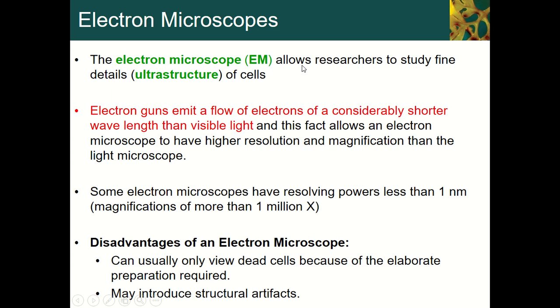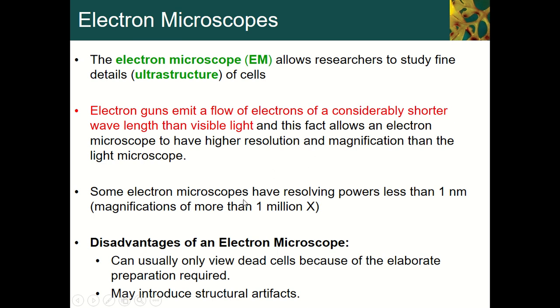The electron microscope allows researchers to study fine details, or the ultrastructure, of cells. This type of microscope emits an electron flow, which has a shorter wavelength compared to the visible light in the light microscope, and this allows the electron microscope to have higher resolution and better magnification compared to the light microscope.